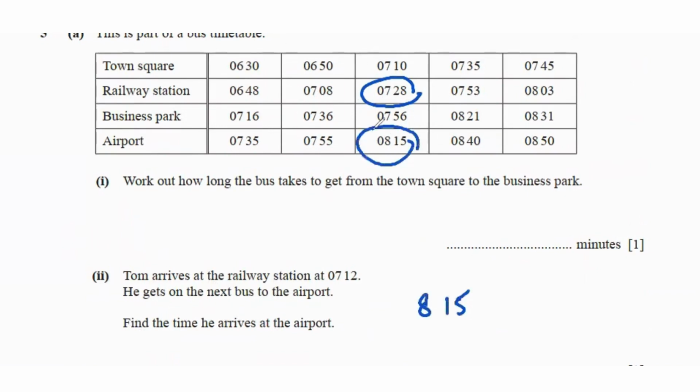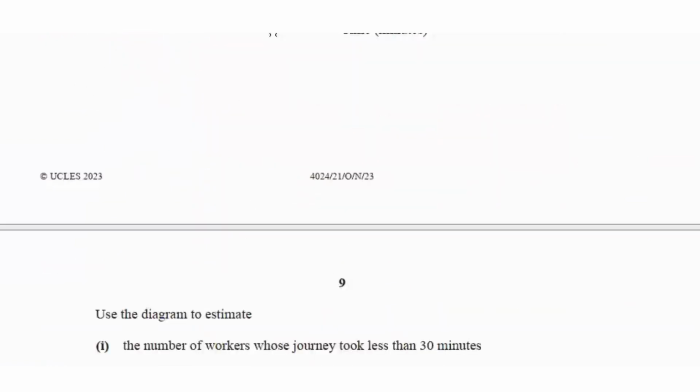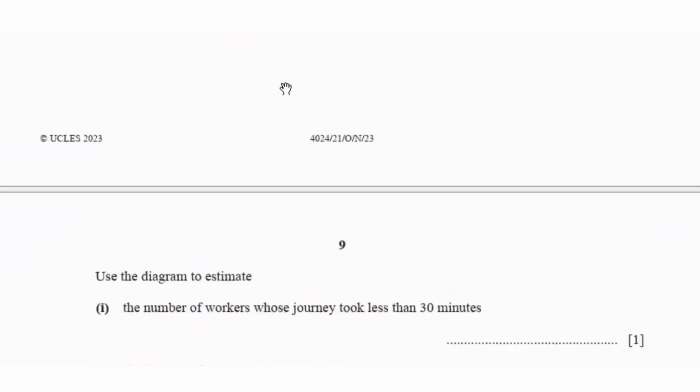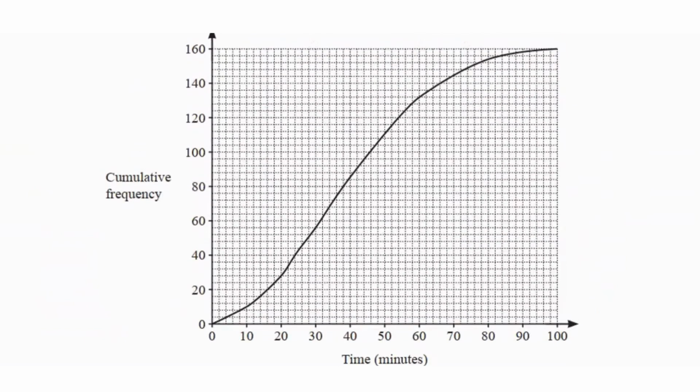which is this. 160 workers at the business park are asked the time taken in minutes for the journey to work. The results are shown in the cumulative frequency diagram. We have to find the number of workers whose journey took less than 30 minutes. So this is 30.